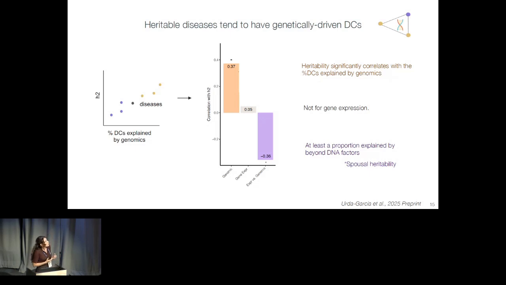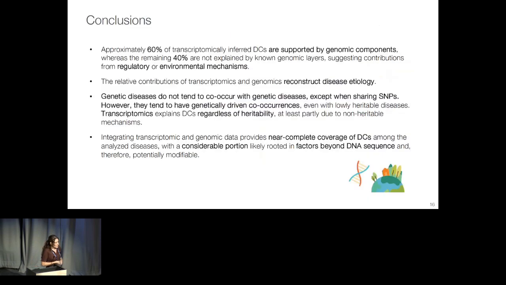So to conclude, we saw that approximately 60% of transcriptomic disease co-occurrences are supported by genomic components, whereas the remaining 40% are not explained by the known genomic layers, suggesting contributions from regulatory or environmental mechanisms of gene expression. We also saw that the relative contributions of transcriptomics and genomics reconstruct disease etiology, and that genetic diseases do not tend to co-occur with genetic diseases except when sharing SNPs.